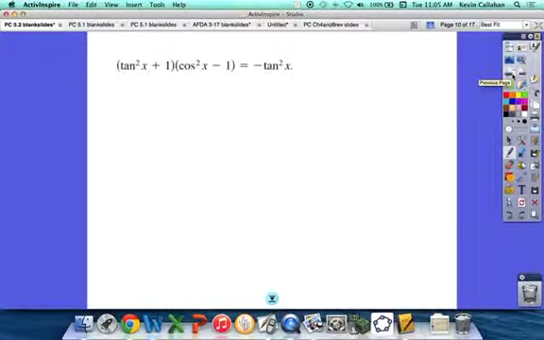So if we FOIL this, we're going to get tan squared x cosine squared x minus tan squared x plus cosine squared x minus 1.